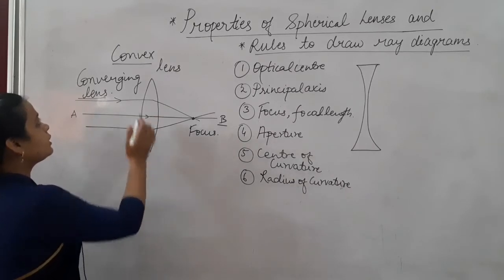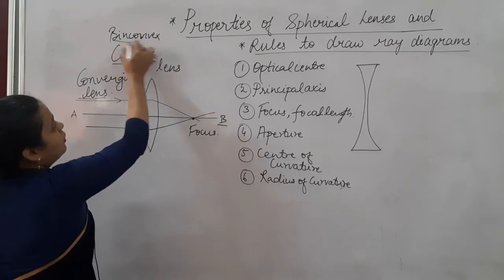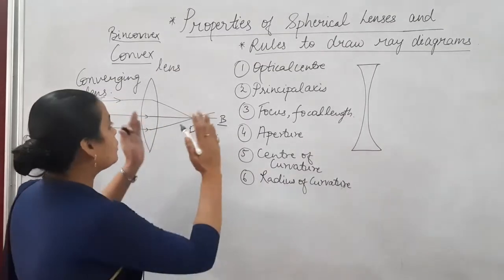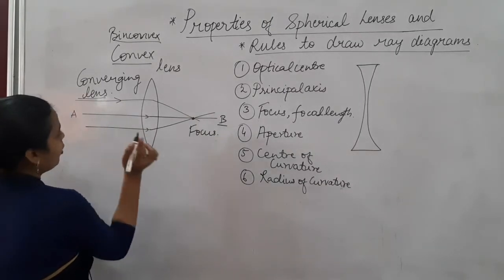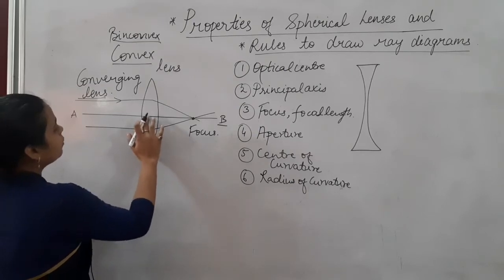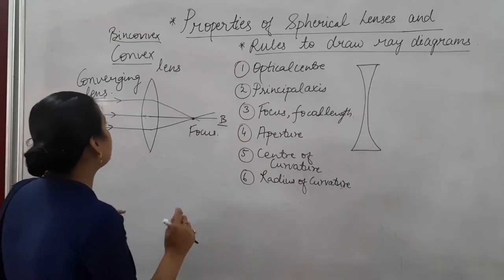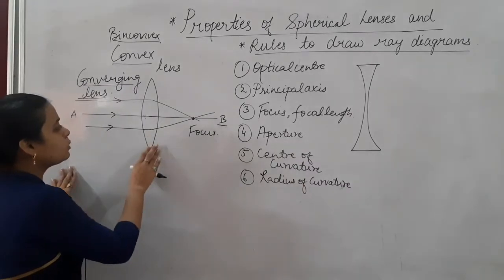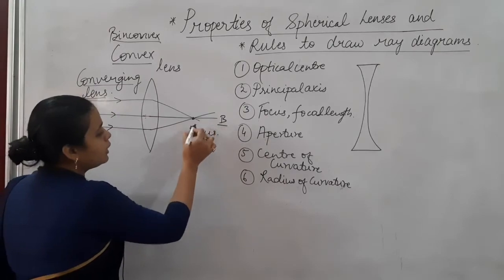This is a convex lens. It is also known as a biconvex lens. It is also known as a double convex lens as it has both the surfaces spherical towards the outside, bulging outside. Now the first property: it is a converging lens, as all the light rays when passed through this type of lens converge to meet at one point.